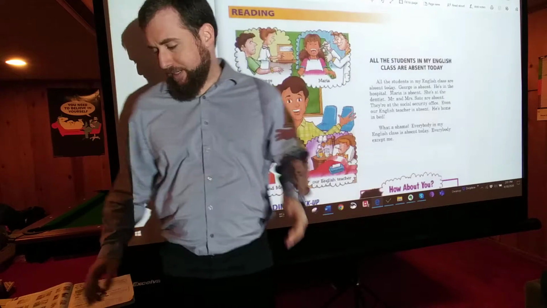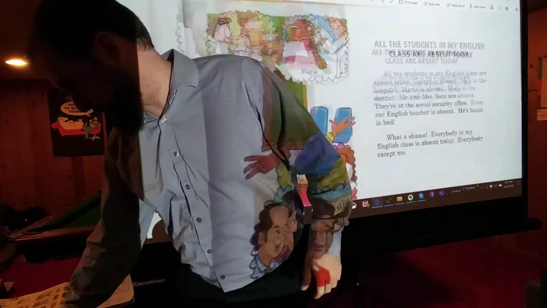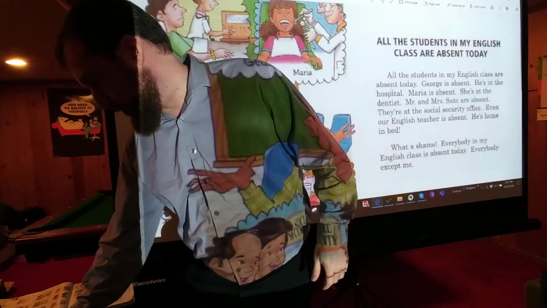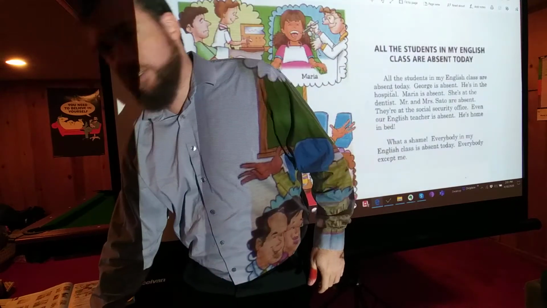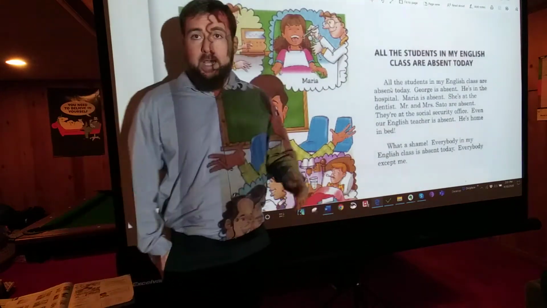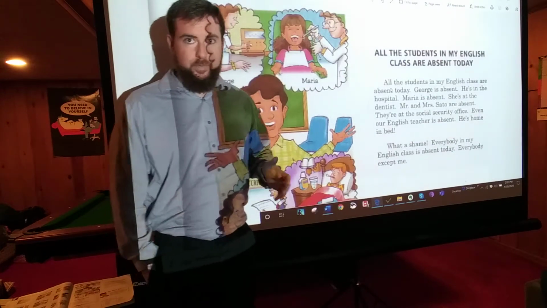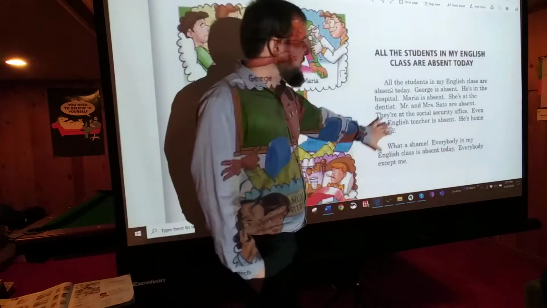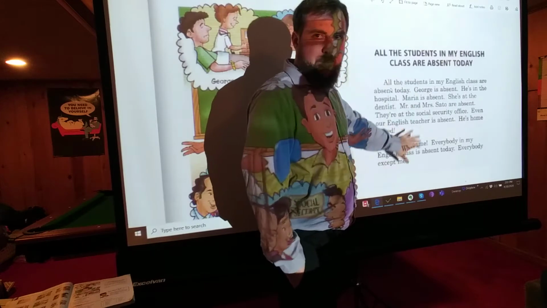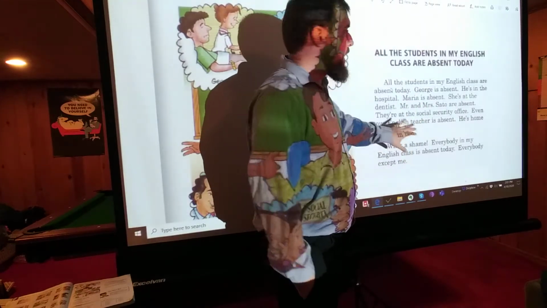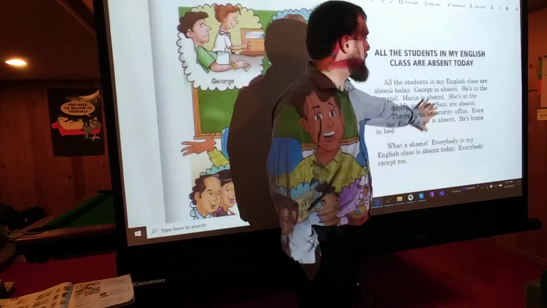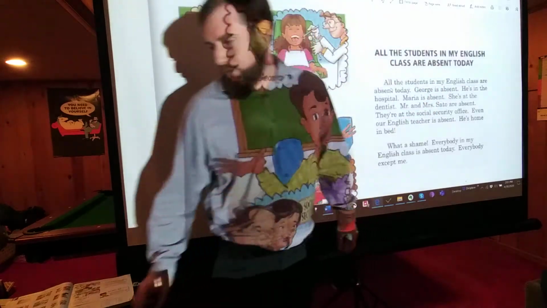Let's get started. Today's exercise is mostly a reading exercise. So we're getting farther in the book, and they're expecting you to have learned more. We're now at the end of Chapter 2, so we've got a little bit of reading. You've got about a paragraph and a half here. What you need to do is read this and then answer questions about it.